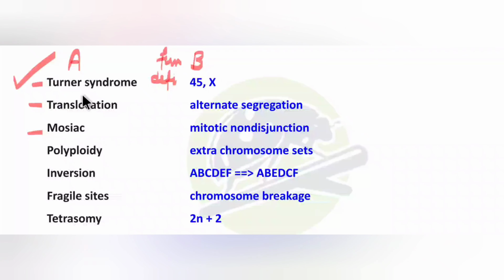So what exactly is Turner syndrome? What is translocation? What is mosaic? What is polyploidy? So I will discuss all these terminologies in this single video: what exactly is Turner syndrome, how it is caused, and translocation, mosaic, polyploidy, inversion, fragile sites, tetrasomy, translocation and nullisomy.